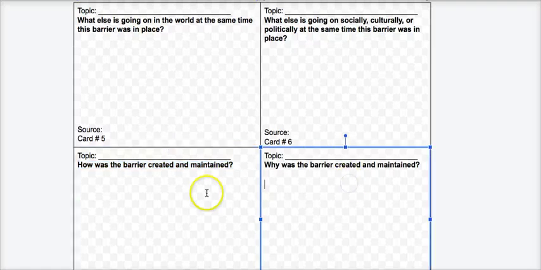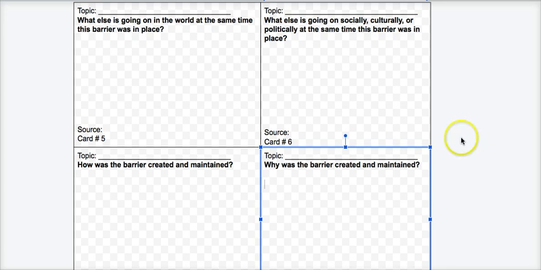I have a how it was created and maintained, and then I have a why it was created and maintained, especially for, again, those civil rights type topics, like why did people keep the Jim Crow laws in place? Who did it benefit to keep those laws in place? So you want to make sure that you are thinking about the barrier and who it served, who did it benefit. If you have questions about how to answer these questions, please talk to your teacher.